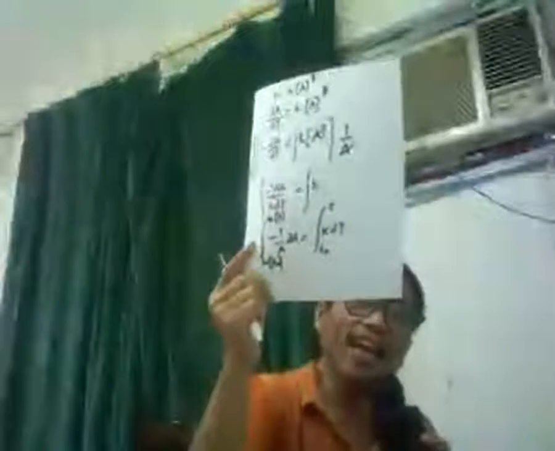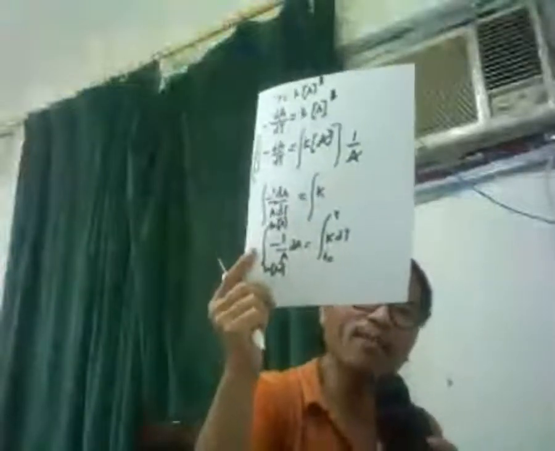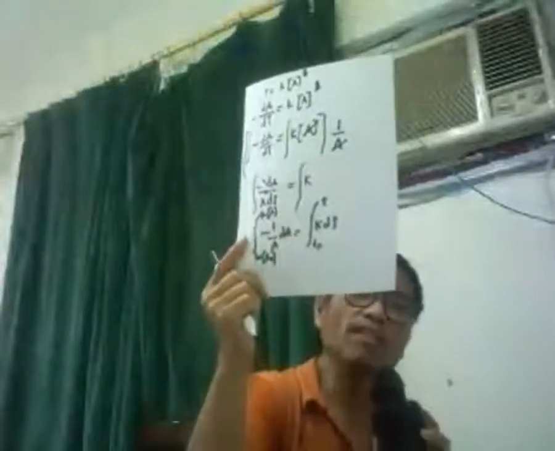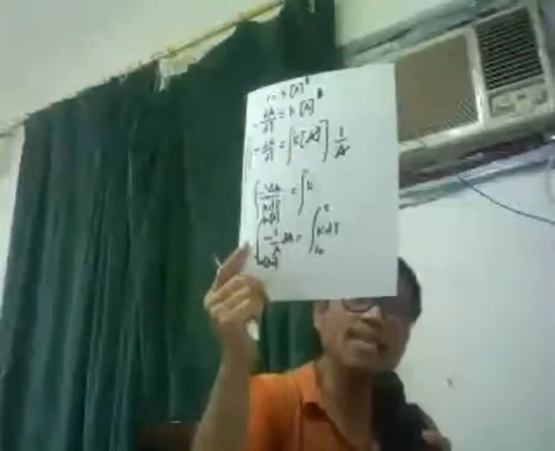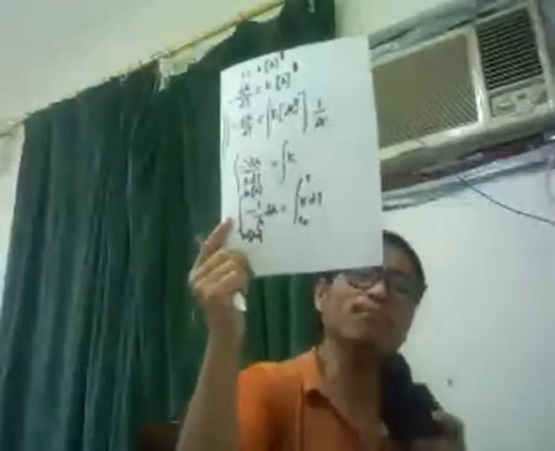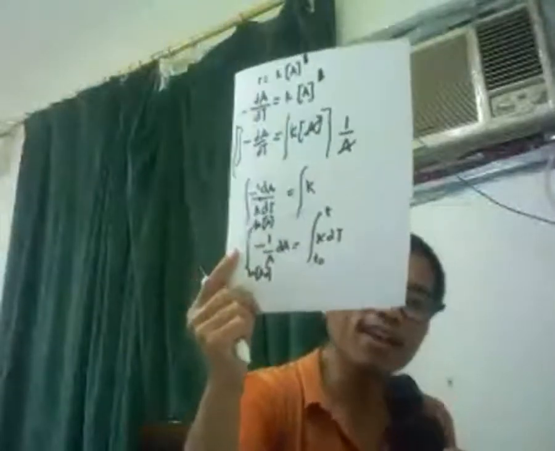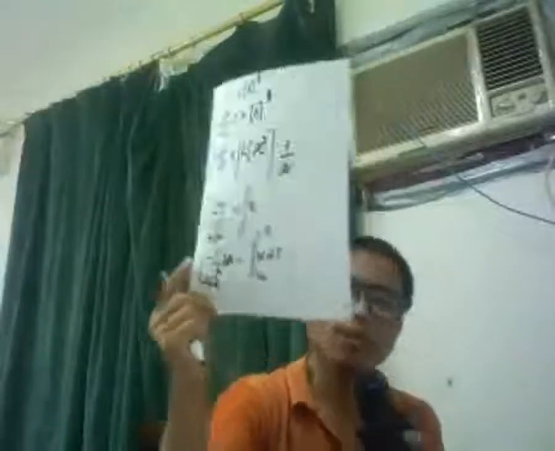Again, we have the rule in integral calculus that if ln like this, we need to subtract. So ln final A minus ln A0 is equal to k times (t minus t0), the same as in zero order.